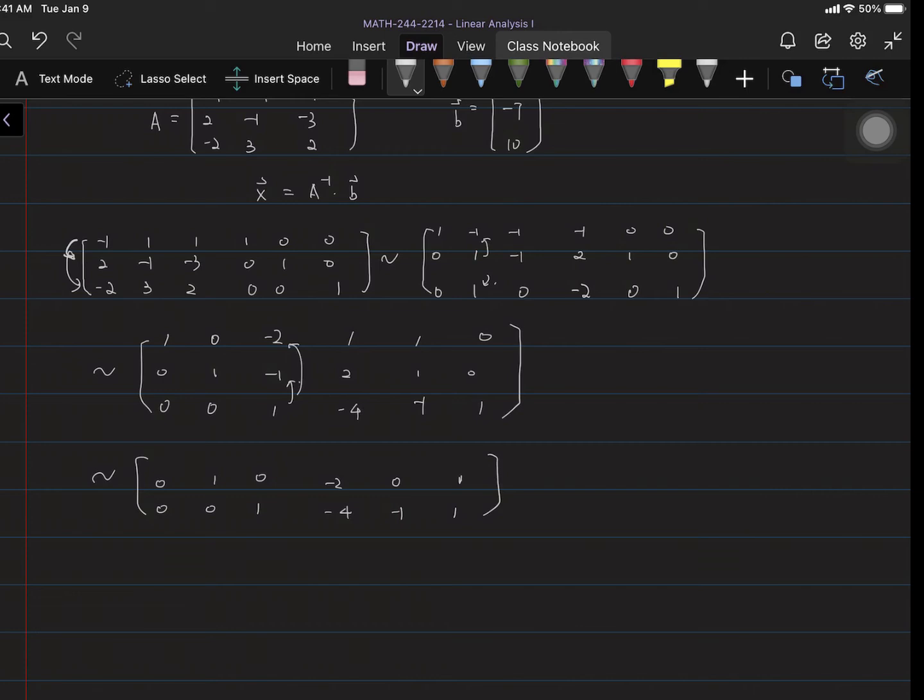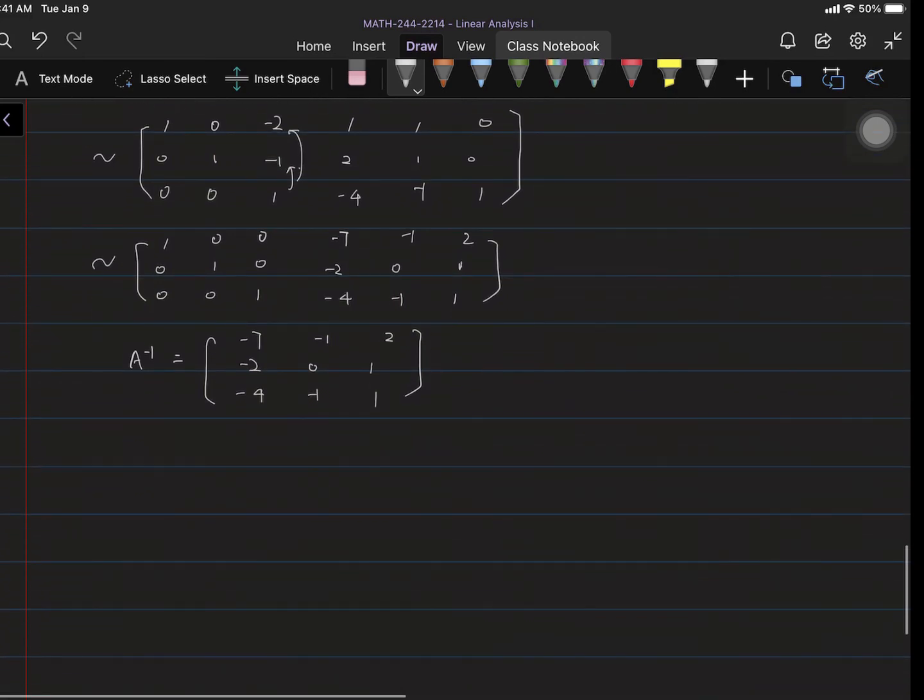And row 3 times positive 2, times 2, -8, so -7, -2 add there, -1. Okay, so this is the inverse matrix. So what's the inverse matrix? Inverse matrix is -7, -1, 2, -2, 0, 1, -4, -1, 1.